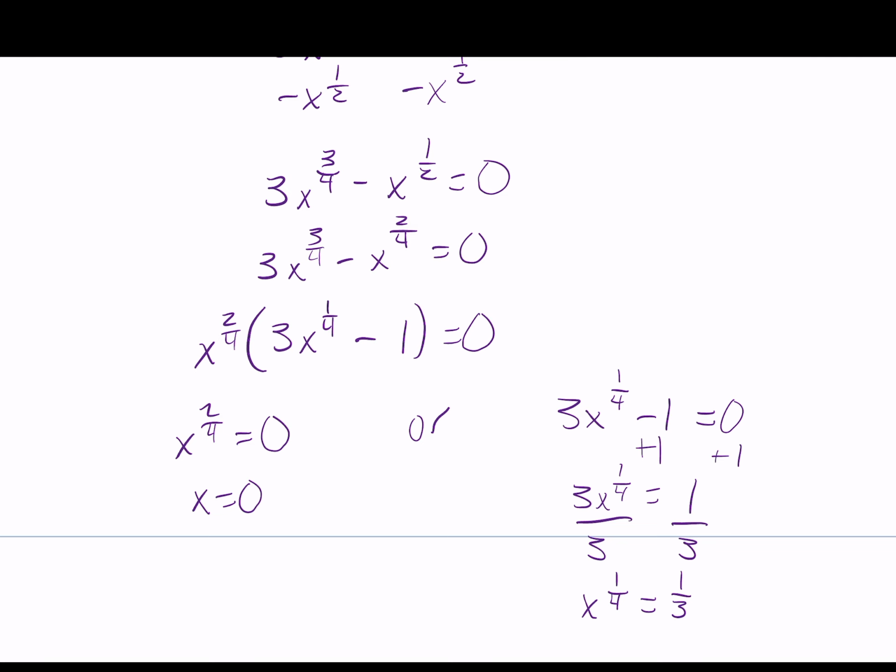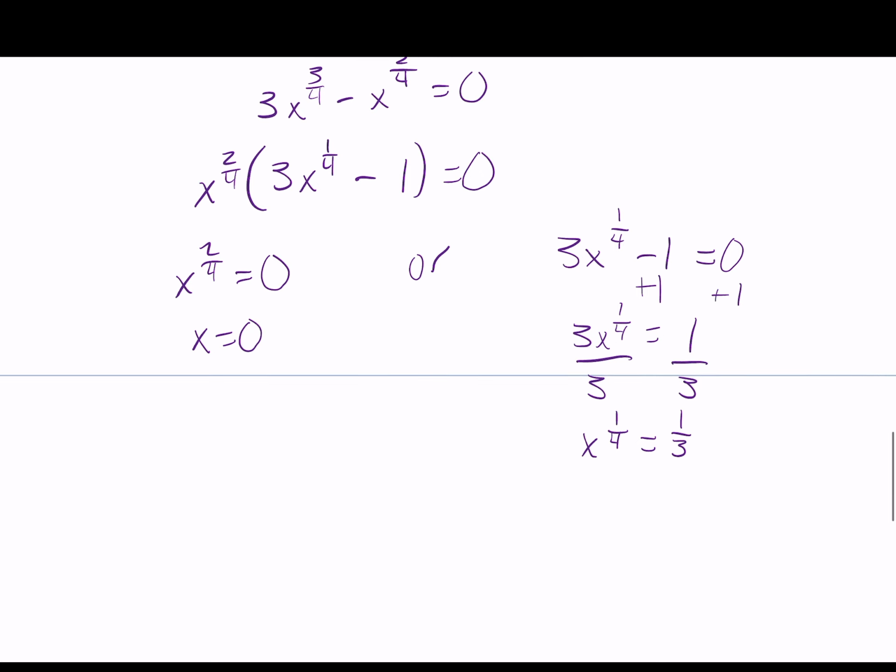Okay. Now, how do we get rid of the 1/4 power on x? Well, we raise both sides to the reciprocal power, which is 4 over 1. So x is equal to 1/3 raised to the 4th power. So using exponent properties, x is equal to 1 to the 4th power, which is just 1, over 3 to the 4th power.